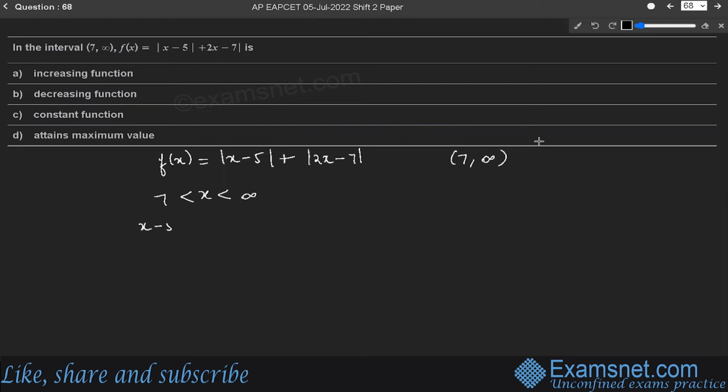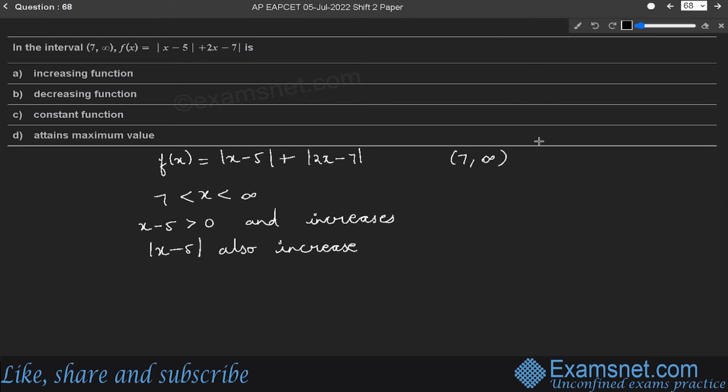Now x minus 5 is greater than 0, and since it is greater than 0, it means that it increases. Therefore, modulus of x minus 5 also increases. I hope that this concept is clear to you. Since x lies between 7 and infinity, x minus 5 is greater than 0 and it is increasing, so modulus of x minus 5 is also increasing.